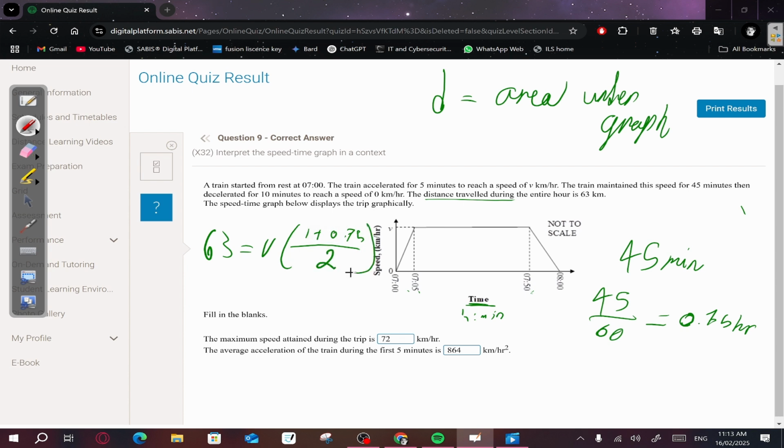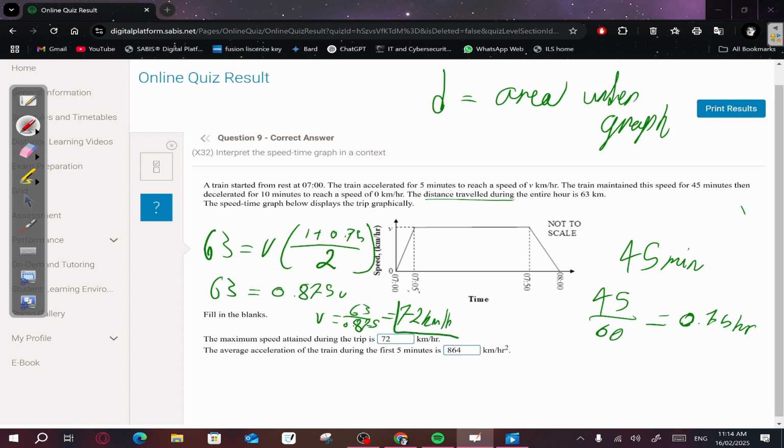Do this on a calculator. You get 1.75 over 2, which is 7 over 8, which is 0.875. So 63 equals 0.875 v. So v is equal to 63 over 0.875, which gives 72 kilometers an hour.